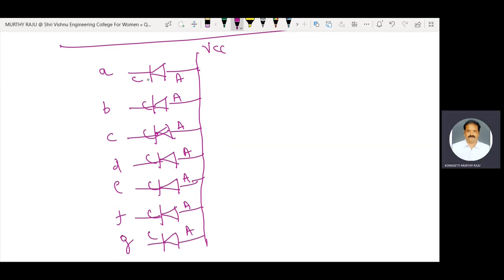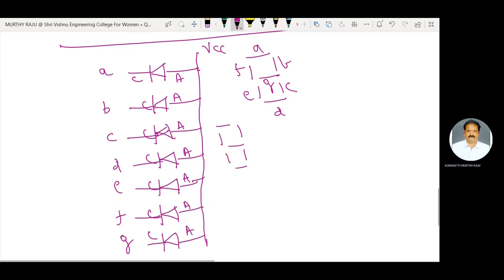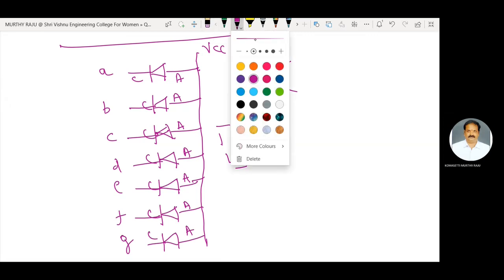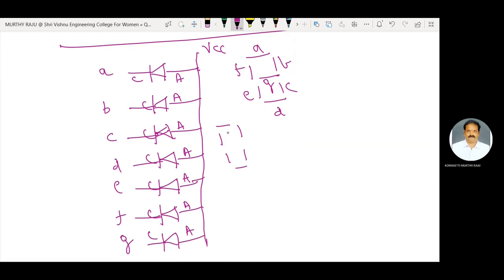This one is the 7 segment display. A, B, C, D, E, F, G. For a 0 number display, A is on.